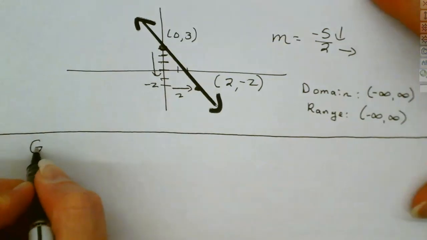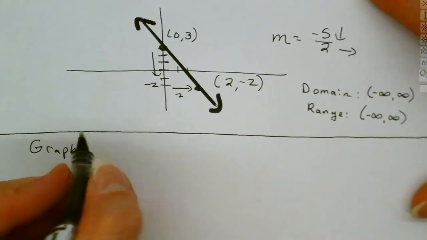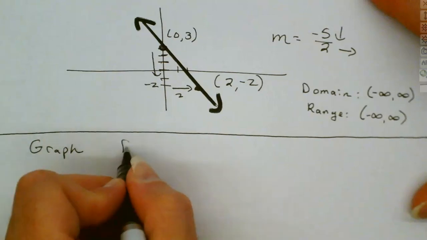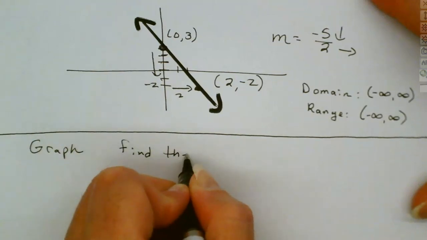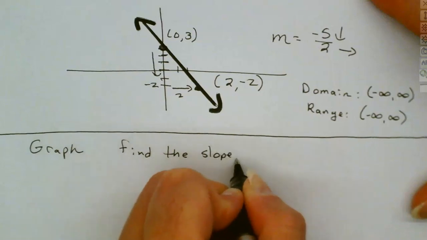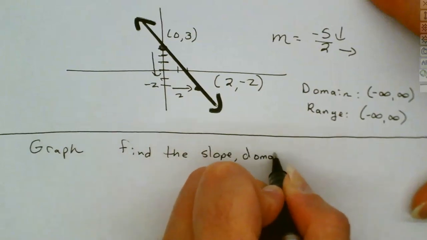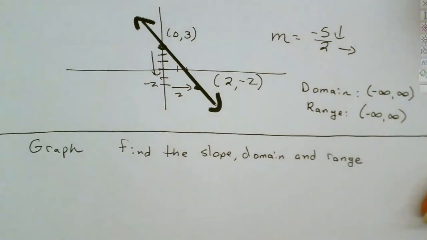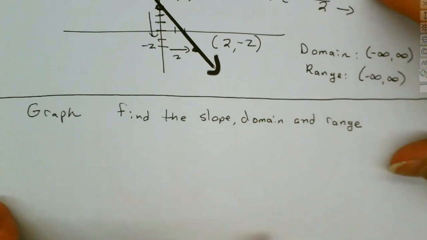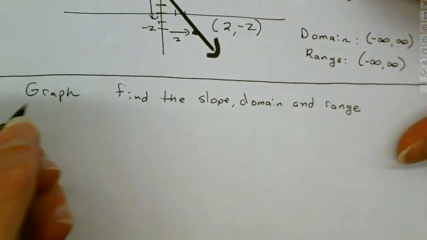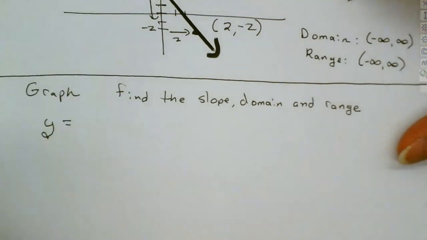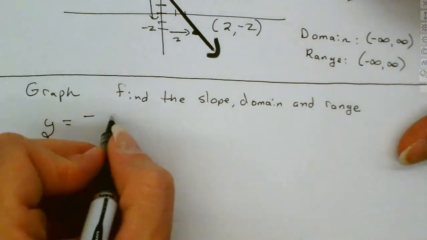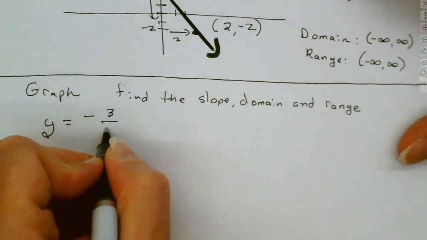Let's do another one. So we're going to go ahead now and find our slope. We're going to get the domain and also the range. Let's look at this one. Let's say we have y equals minus 3/2 x.